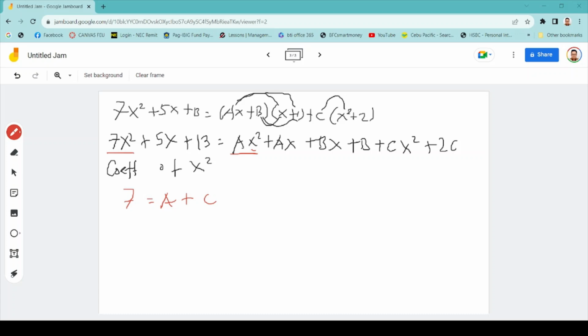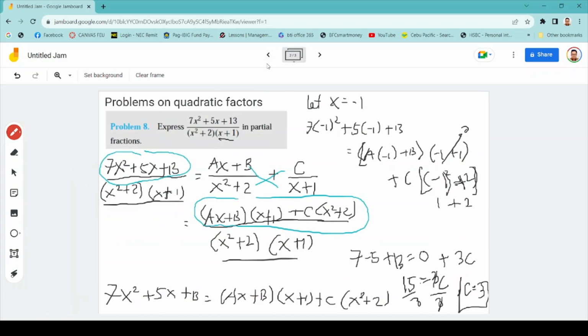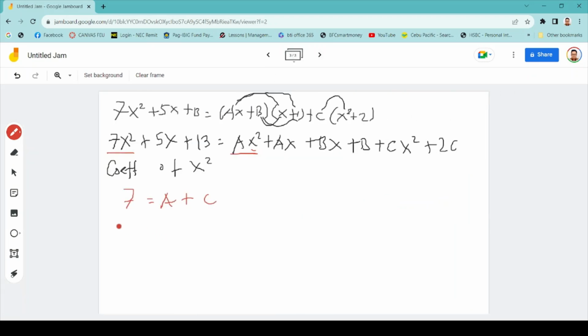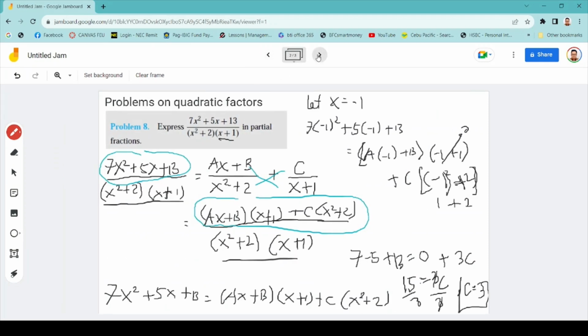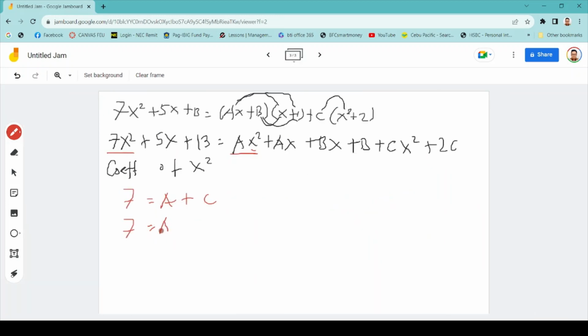So we have 7 equals a plus c. But earlier we computed c equal to 3, so 7 equals a plus 3. You can move negative 3 here, and then you have a. Therefore, a is equal to 4.